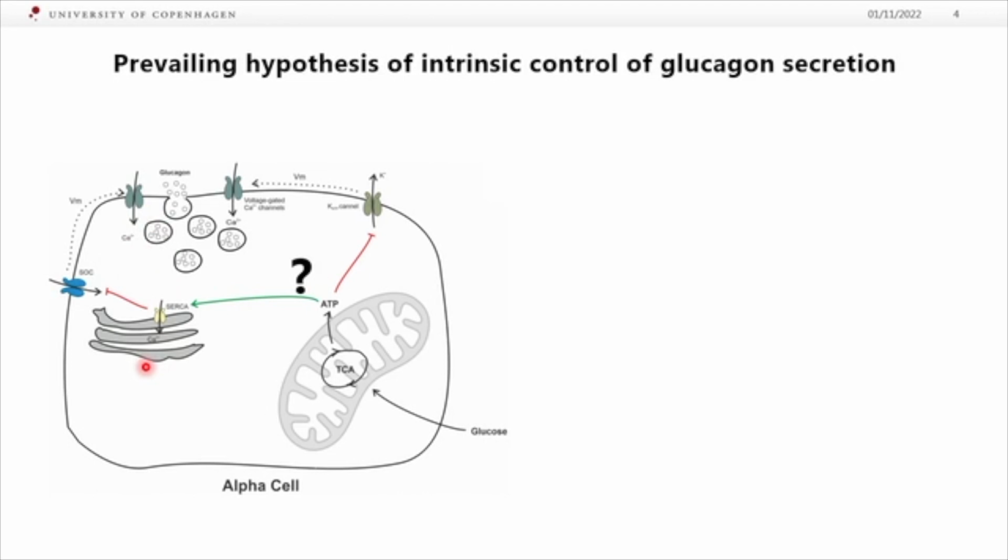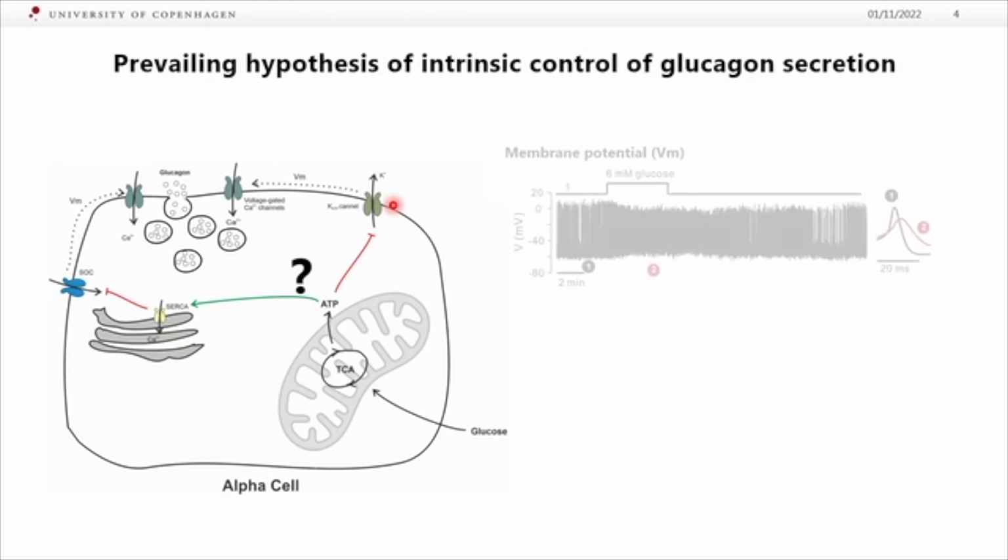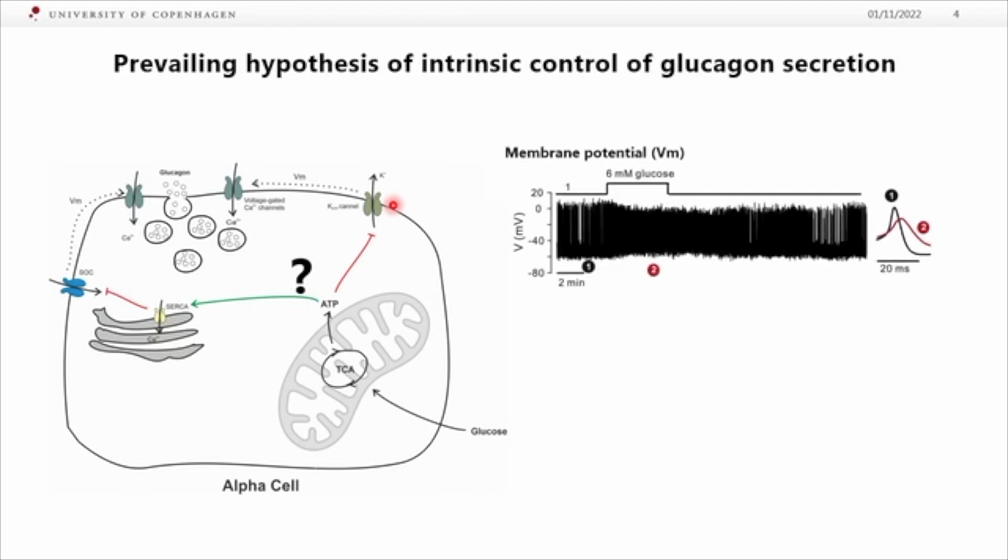The other hypothesis is based on sensing of the ATP-ADP ratio by the ATP-sensitive potassium channel, and that changes membrane potential to something like what you see here.